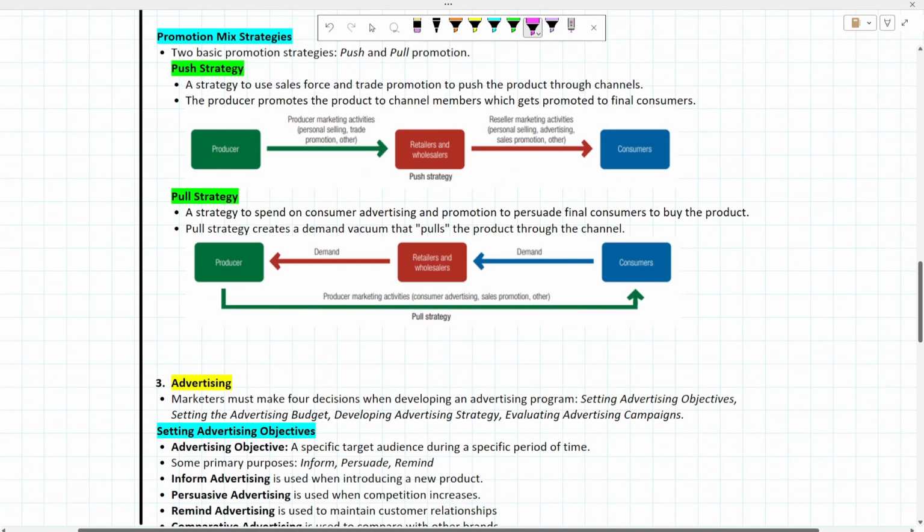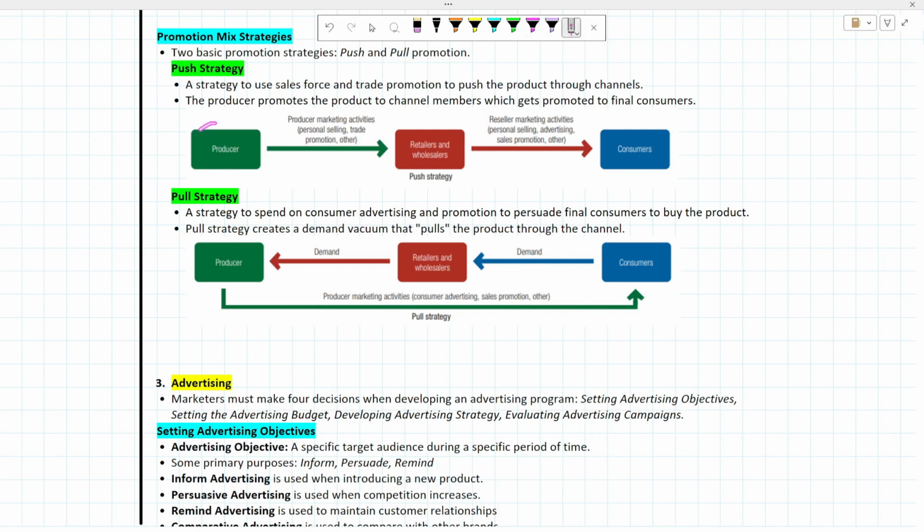So promotion mix strategies. There are two basic promotion strategies: push and pull promotion. What is the push strategy? It is a strategy to use sales force and trade promotion to push the product through channels. The producer promotes the product to channel members, which then promote it to final consumers.